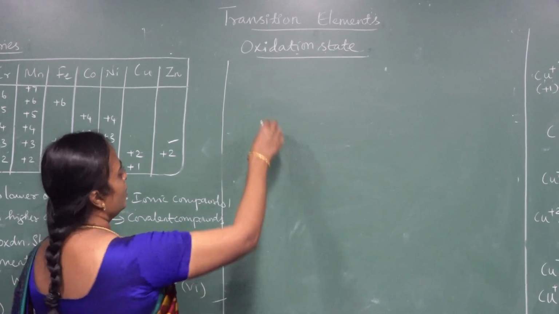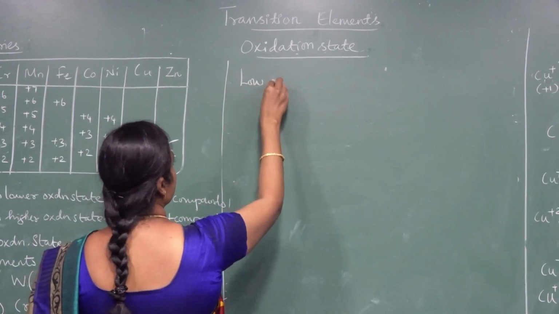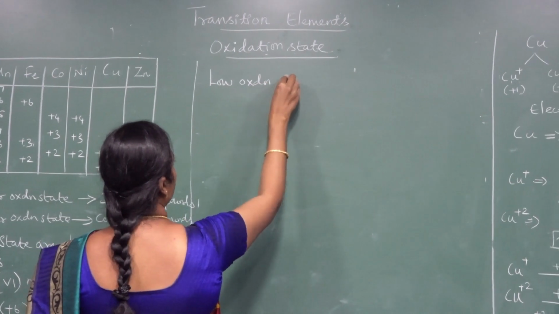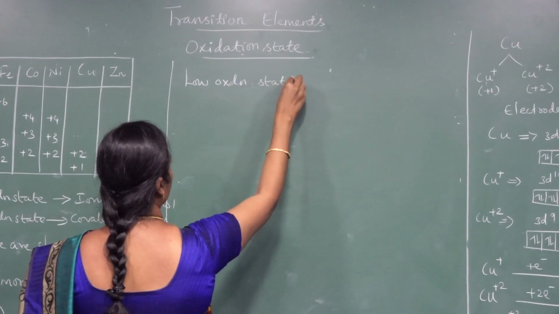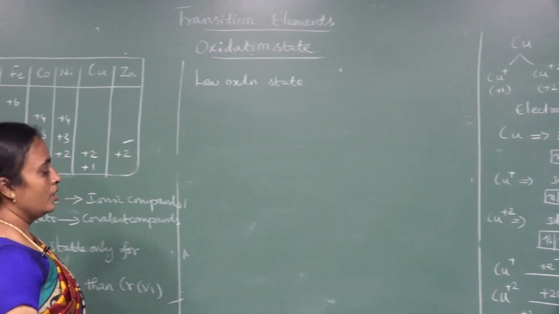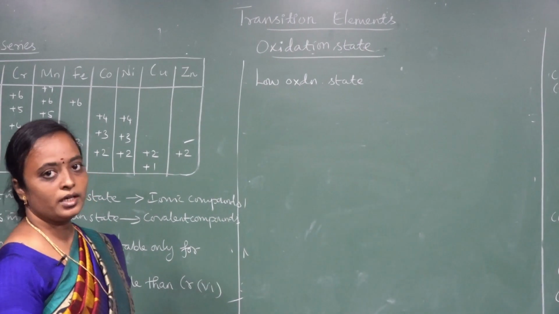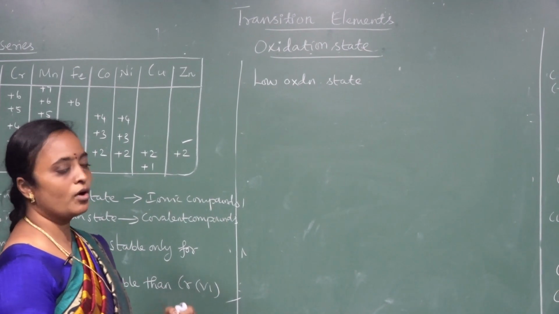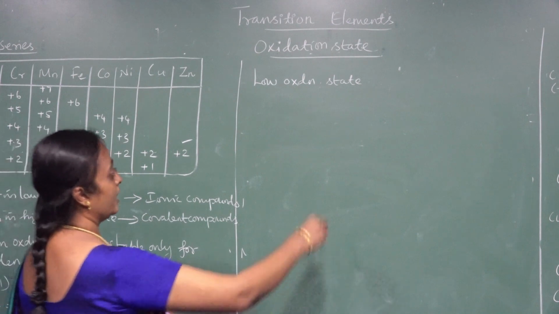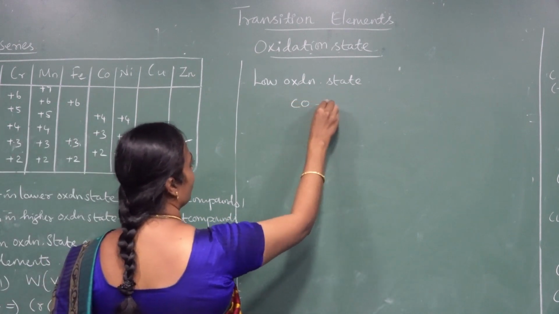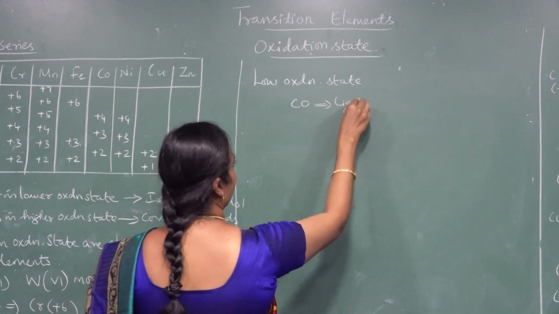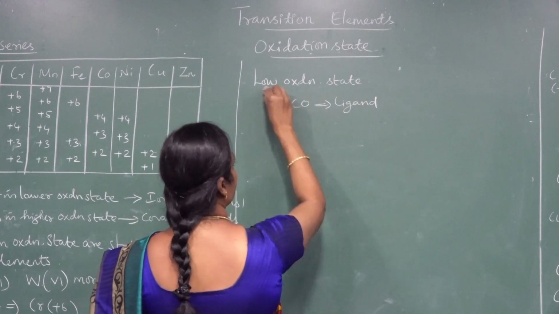Next, low oxidation state. How is it possible? A transition element forms a complex with a ligand like CO, and you will expect the low oxidation state.